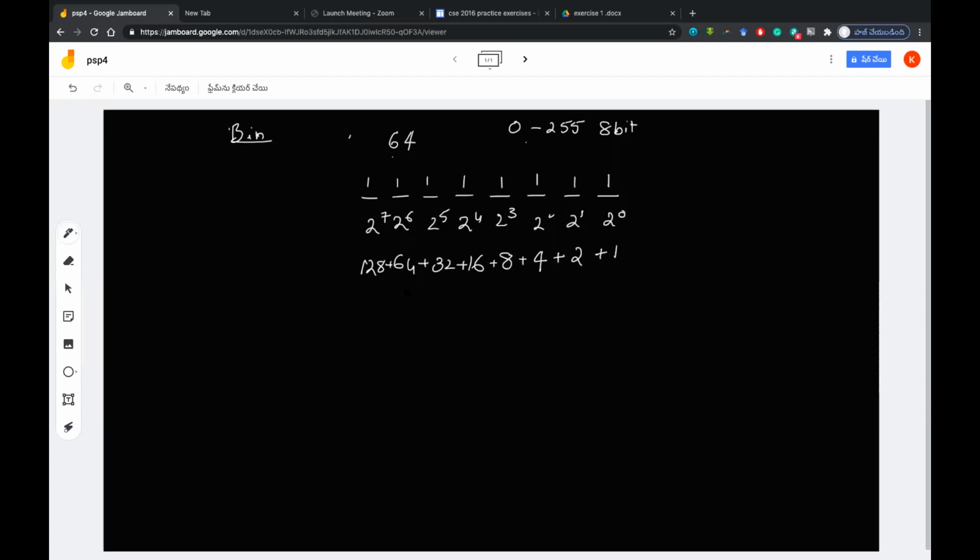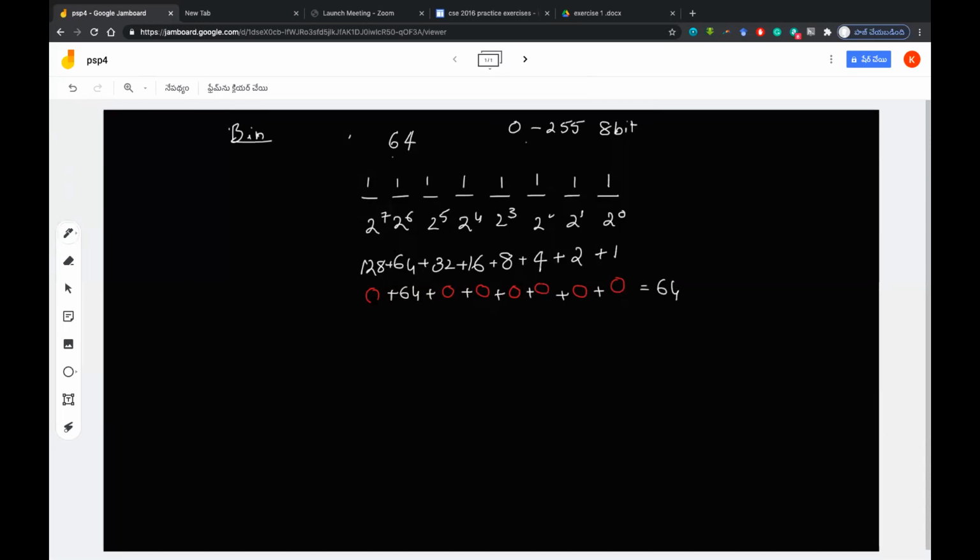So these bits should not be highlighted; these should all be 0. Then only the addition will give you 64, right? If you add all these things, which are always 0, that means off, then your final answer will be 64.